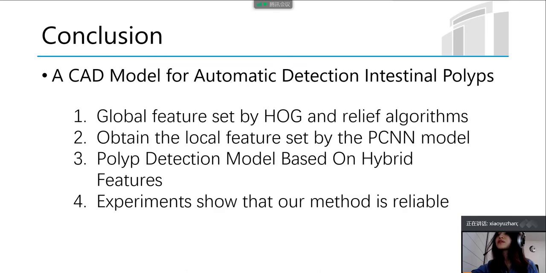We first extract the HOG feature set, then use the Relief algorithm to select the global feature set, then obtain the local feature set by our PCNN model with the selected patches set, and find the RF classifier classification result is better than the SVM classifier. By comparing the classification result with only global features or local features, our hybrid method achieves better classification results.